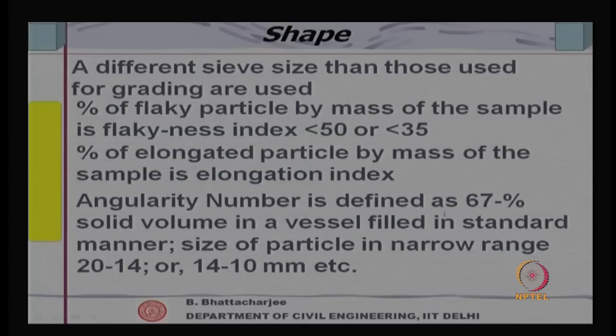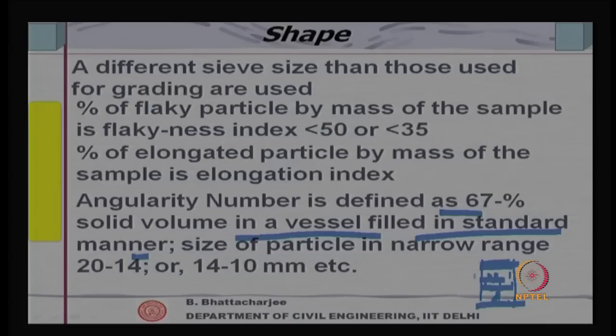Angularity number is defined as 67% minus the solid volume in a vessel filled in a standard manner. This is another definition trying to define the shape. You fill a container with aggregate in 3 layers, and the volume of the vessel is known, measured by filling water.